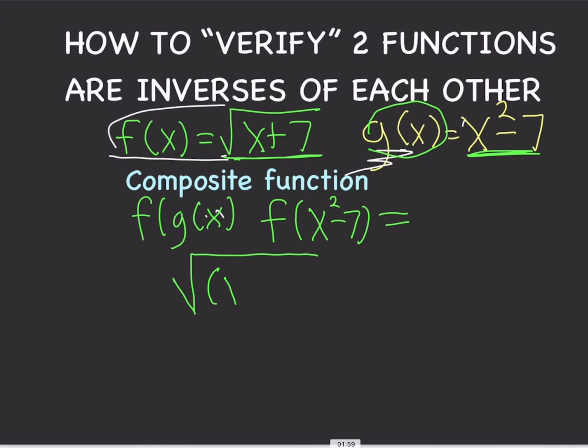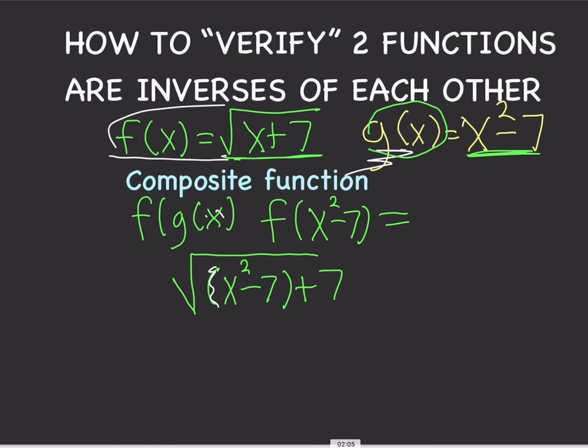So now we're putting the x squared minus 7 into the f formula. We've got the square root, replacing that x with an x squared minus 7 in parentheses, and don't forget we have to add 7, which is outside the square root sign.